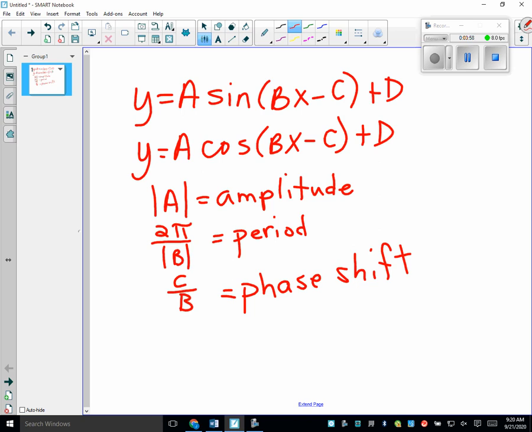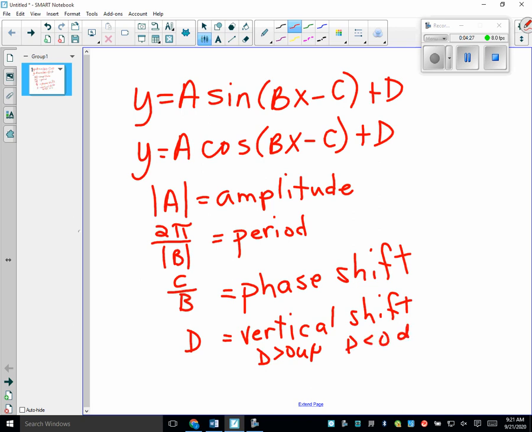And then our vertical shift, meaning up and down, is D. If D is positive or greater than 0, it shifts up. If D is less than 0, it shifts down.